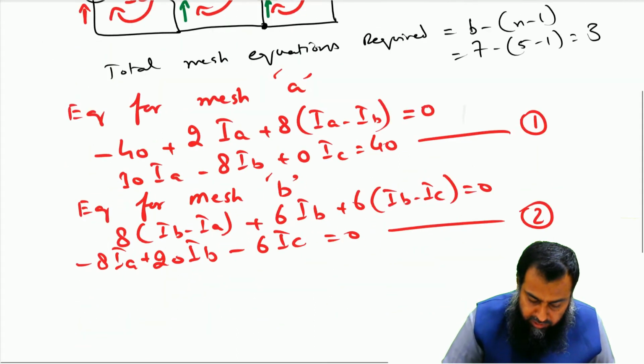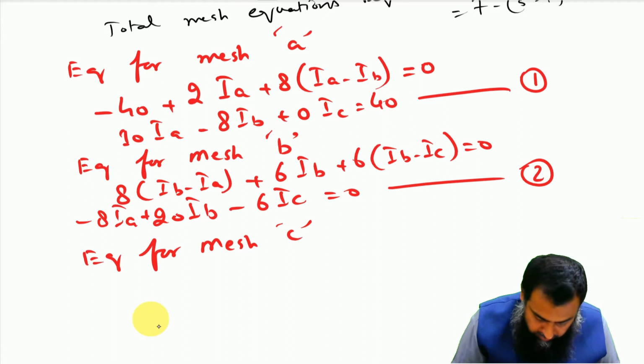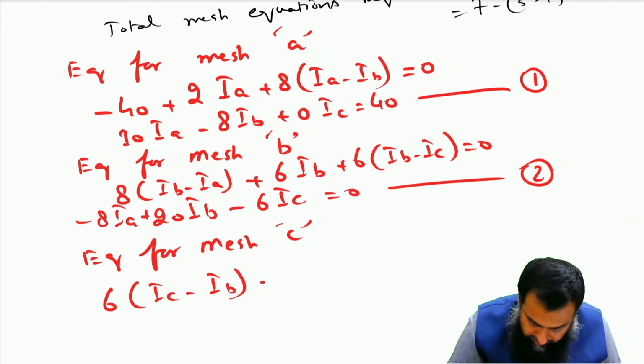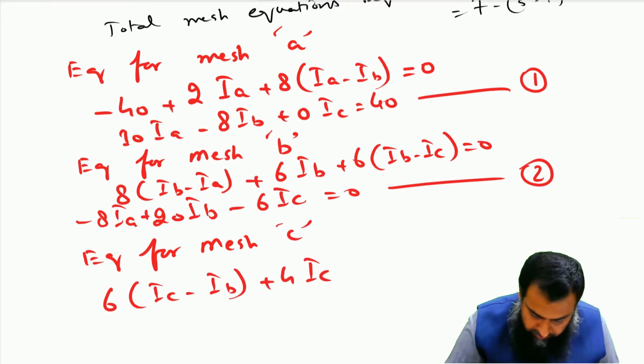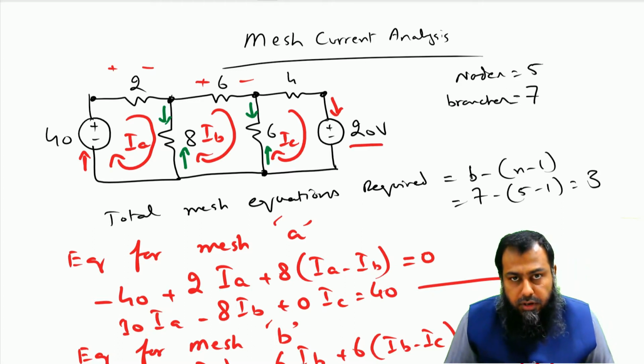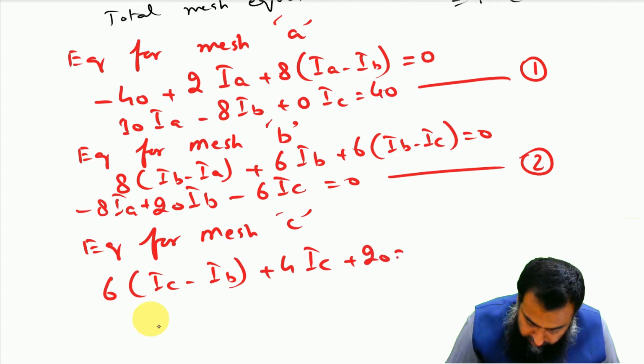Similarly, we can write the equation for mesh number C. So the equation for mesh C is 6 times IC minus IB plus 4 times IC, and because this mesh current is assumed in a clockwise direction, it is entering the positive side of this 20 volt source, so it is plus 20, and that is equal to 0.